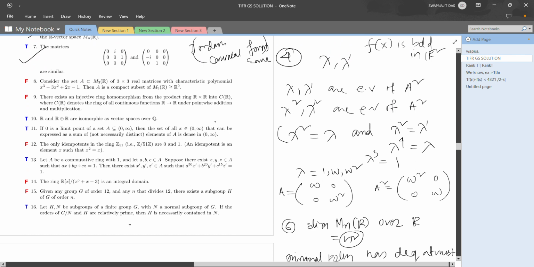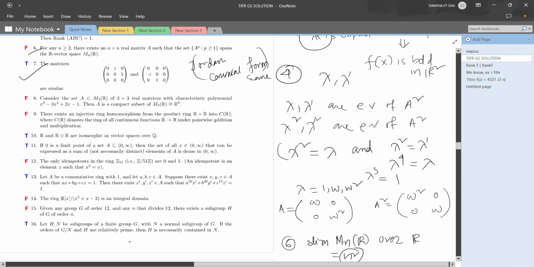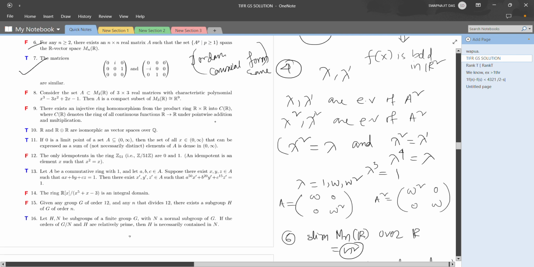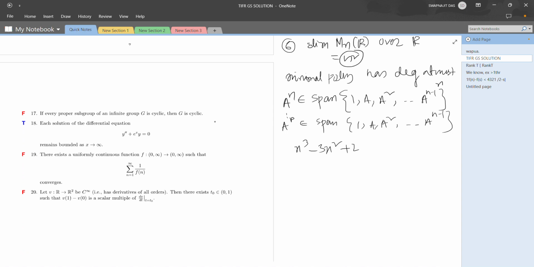So at least one real solution is there, right? That means if you take any matrix whose characteristic polynomial is like this, then at least one real eigenvalue exists.